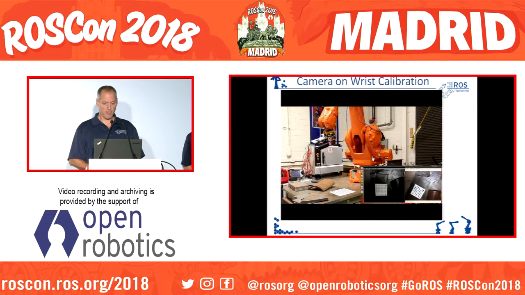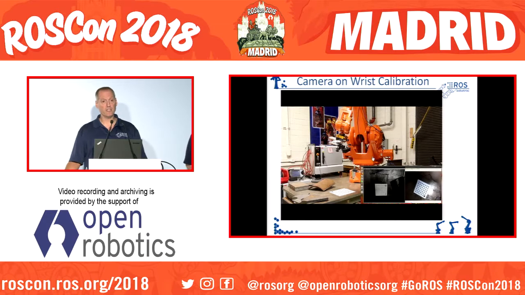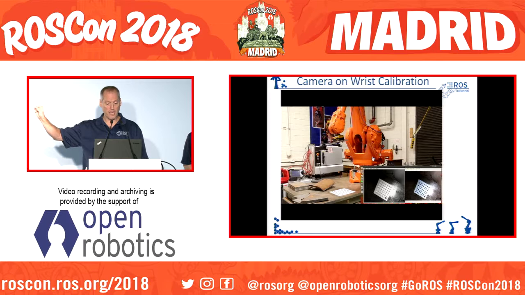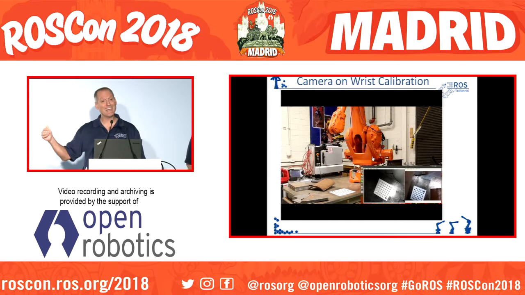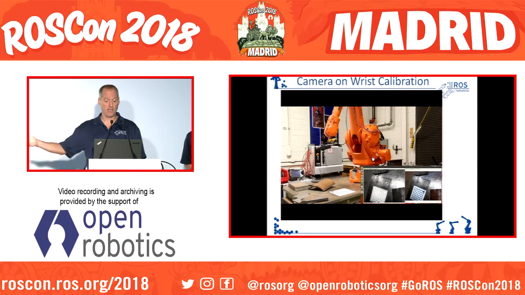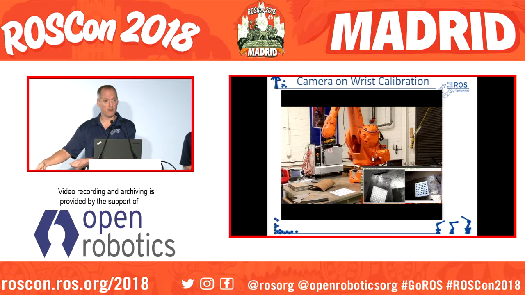Okay. And so we do camera on the wrist. This computes the transform between the tool and the camera, which is mounted on the wrist, and the transform between the base of the robot and the target. So you just throw the target down on the floor or mount it someplace in your work cell.